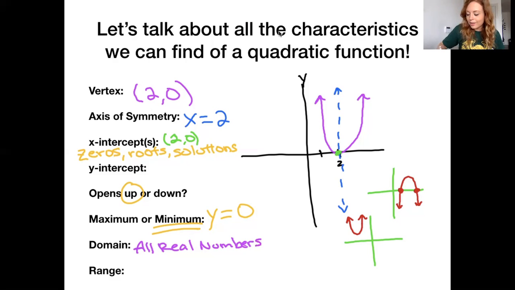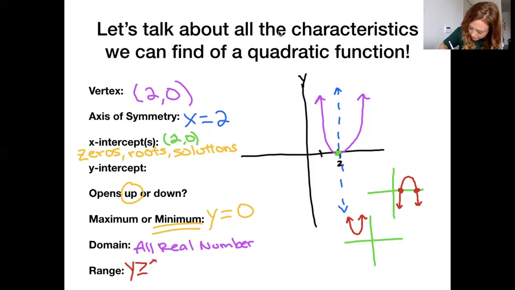So if we were doing range, how low can we go? We go as low as 0, that y value of 0. And how high do I fly? Well, we have arrows, so it goes forever up. Y values are always getting bigger because it opens up, and the y value of the vertex was 0.